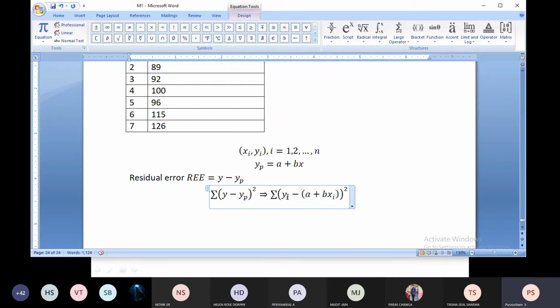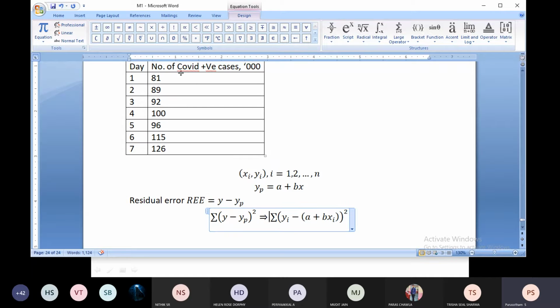Now let us look here. xi, yi are the tabulated points which are known points. What are the parameters which are not known in this relationship? So A and B, right.